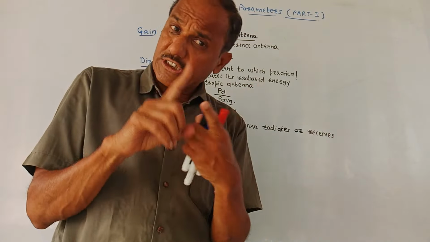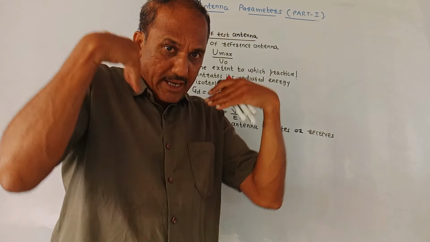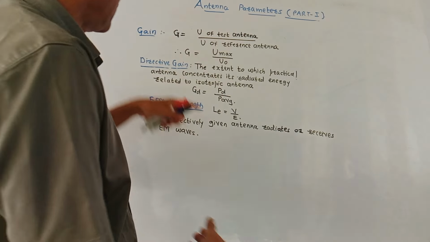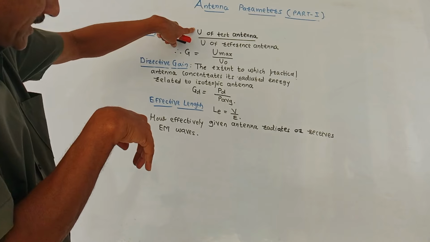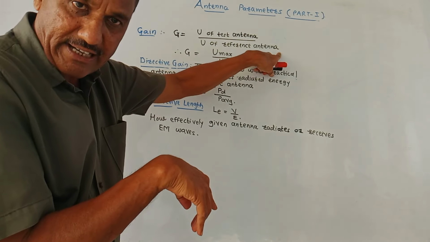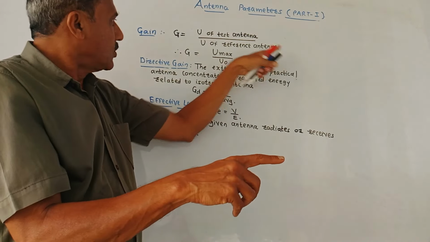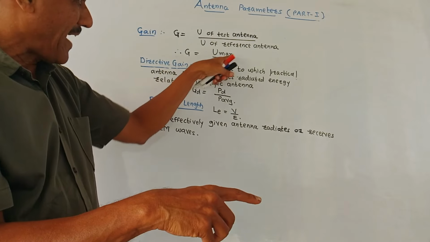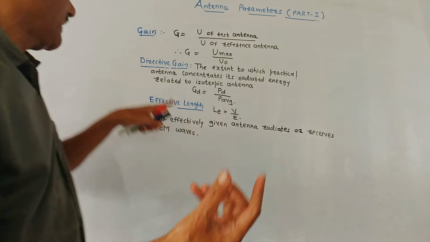There is one more term, the test antenna, the antenna which we have to measure. U means radiation intensity. So gain of antenna is the ratio of radiation intensity of the test antenna to the radiation intensity of the reference antenna. As I said, the reference antenna is the isotropic antenna. So it is also expressed as U max upon U0. U0 is the radiation intensity of the isotropic antenna.